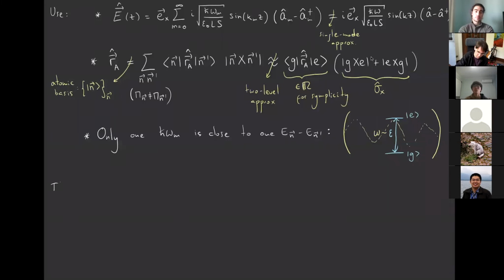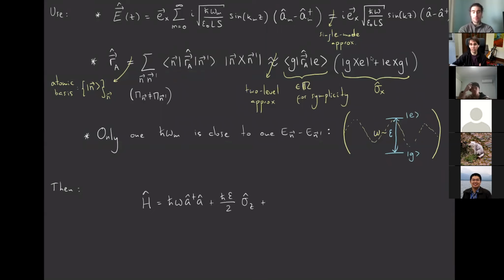So then in these conditions, the Hamiltonian takes a much simpler form. The final Hamiltonian, including the Hamiltonian of light and the Hamiltonian of matter, is just given by ħω a dagger a. That's the Hamiltonian of light. Then ħε divided by 2 sigma z. That's the Hamiltonian of the atom, as we have seen it in the previous chapter.